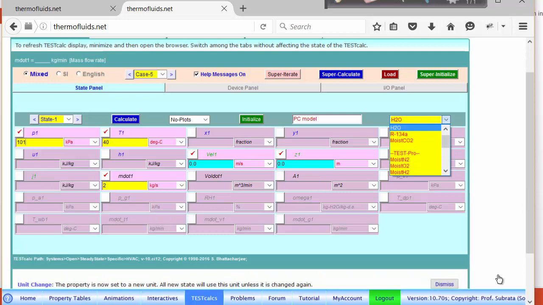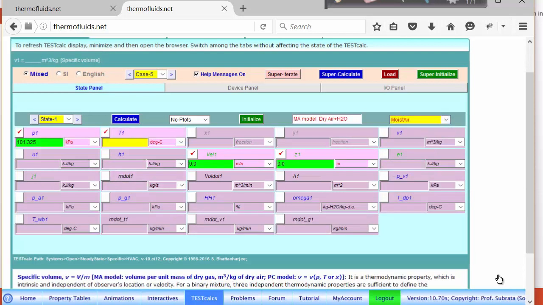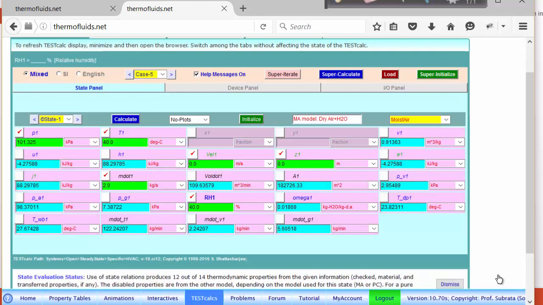Oops, it's not H2O, it was what? Moist air is state 1. Temperature is 40 degrees, 2 kg per second, and relative humidity is 40%. So state 1 is calculated.